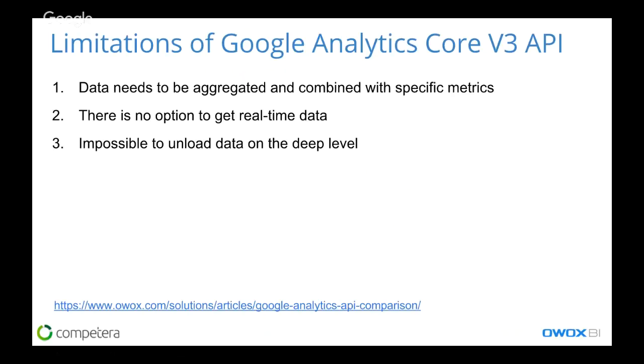For example, even if you make the custom setup that I was talking about and you collect the hit ID in a separate dimension, if you break down data in the request by this parameter, then you will get sampled data, which means that the numbers that you get will be calculated just on a particular share of all the data that you have, which in our case is not possible to analyze because you will get the wrong numbers.